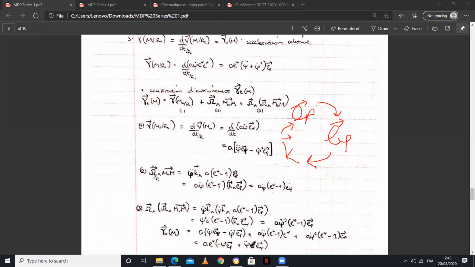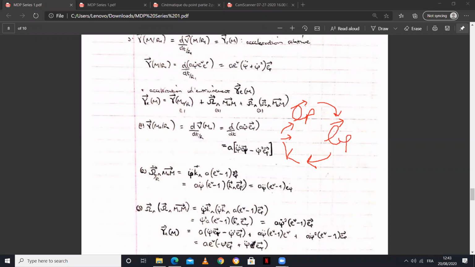So when we say direct, it means euro vectorial E phi. When you're going in this clockwise direction, euro vectorial E phi should give you K. E phi vectorial K should give you euro. K vectorial euro should give you E phi. And when you start going in the opposite direction, they become negatives. That means euro vectorial K will give you moins E phi. K vectorial E phi will give you moins euro, ainsi de suite.